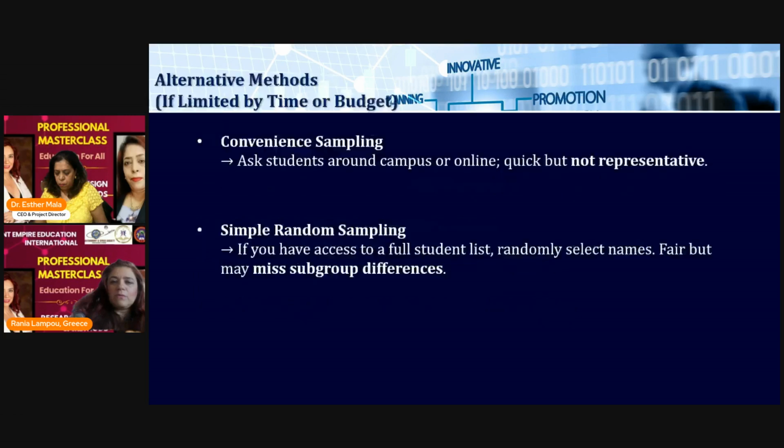Now, we could have alternative methods. For example, you can use convenience sampling if you want to ask students around campus or online, which is quick, but as I said before, it's not representative. Or you can use simple random sampling as an alternative if you have access to a full student list, and then you randomly select names.